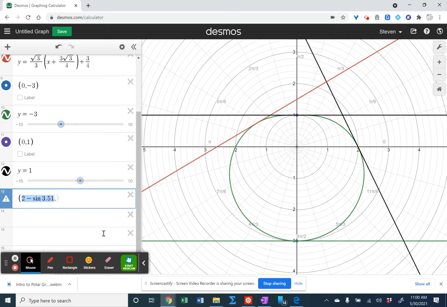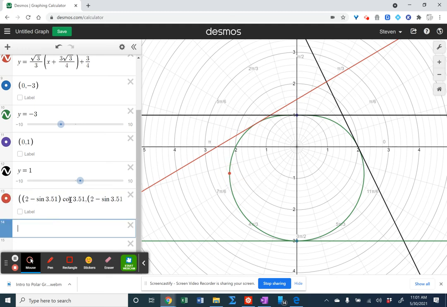That's r. And so I need to multiply that by cosine of theta to get the x-coordinate. So cosine of 3.51, then 2 minus sine of 3.51, and sine of 3.51. And that gives us our coordinate right here. And you can see that we have a vertical tangent line there.